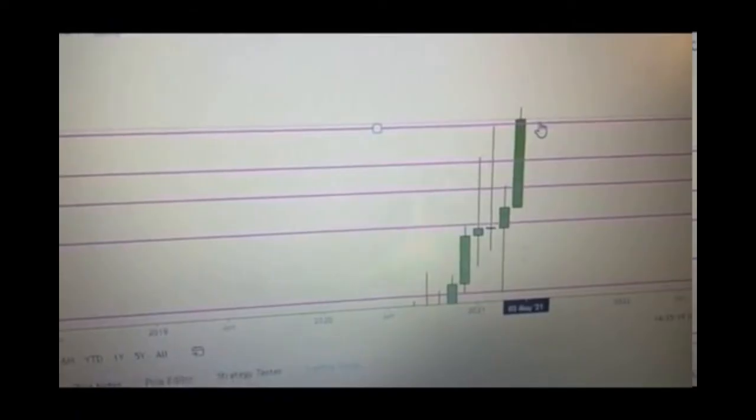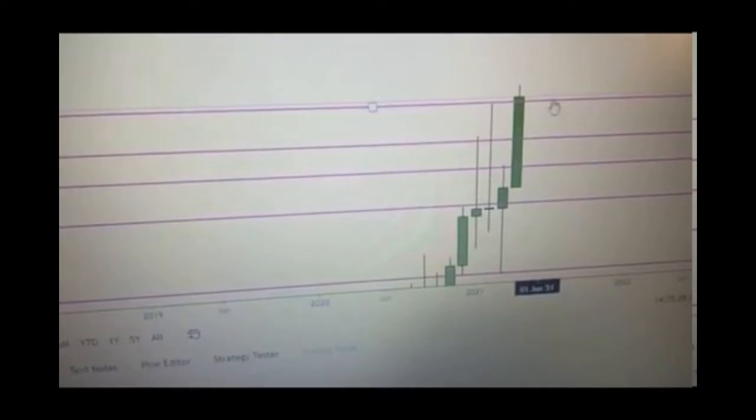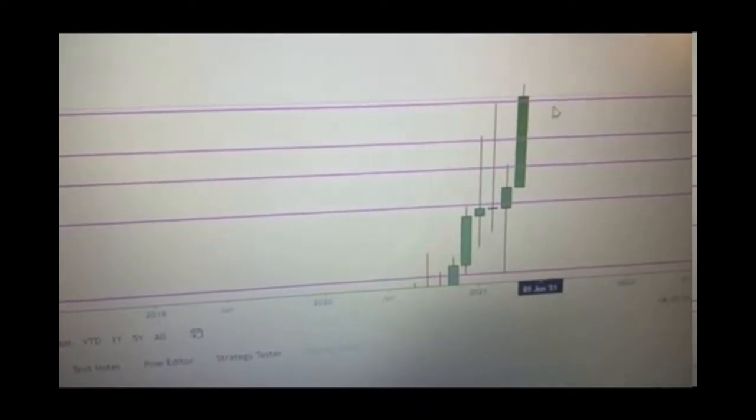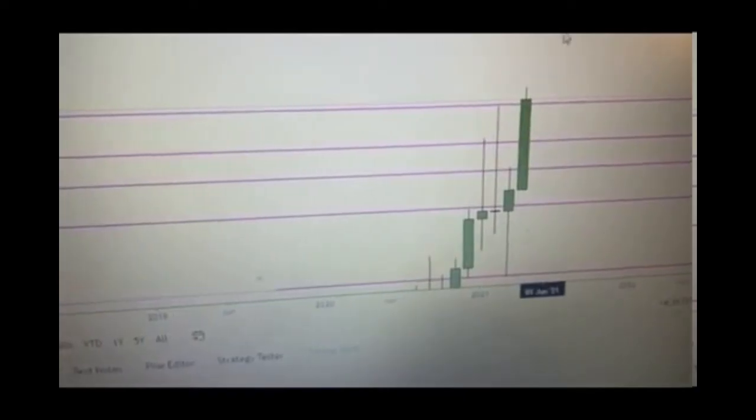Whatever candlestick is going to be given birth to here will have the responsibility to come back and retest the zone either way. All right, and this is definitely going to take something like 2 weeks. So this guy has the responsibility to move all the way down here to retest this key level. Once this is done, he can now comfortably give birth to a wick by pushing all the way up.